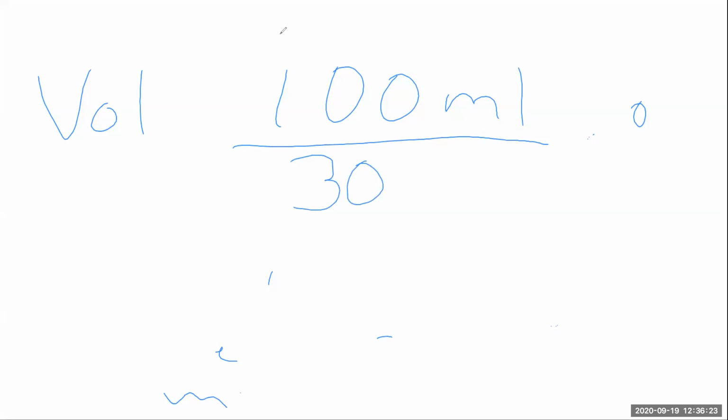And our drop factor is 10, right? So we take 100, we divide it by 30, and we multiply the whole thing times 10. And it should be, I'm thinking 33, but remember your drop factor always has to be a whole number because you can't give part of a drop.